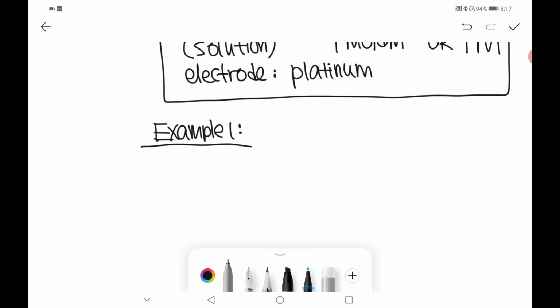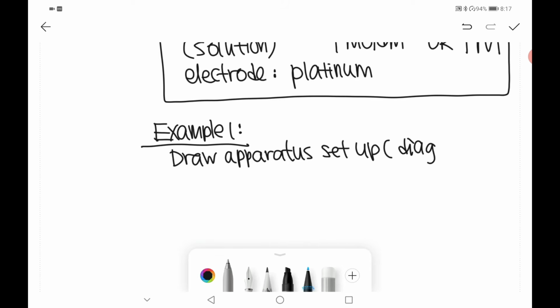Now we need to draw the apparatus setup, which means the diagram.